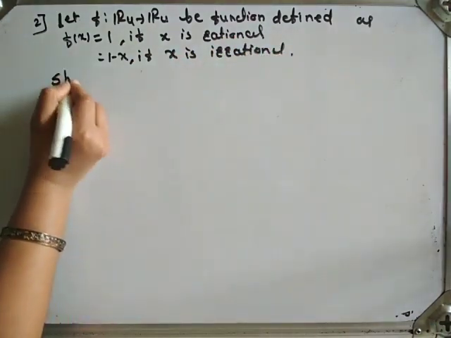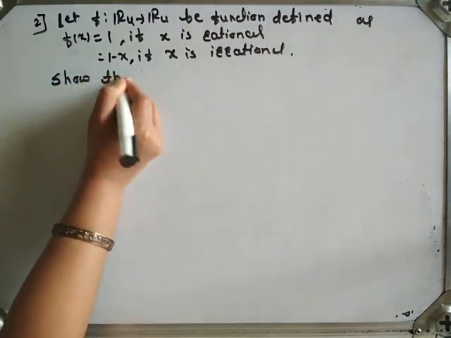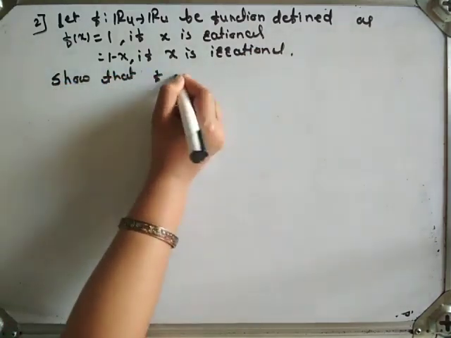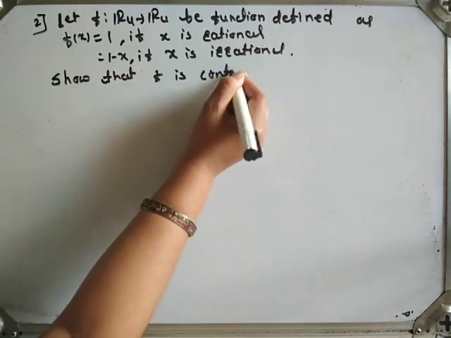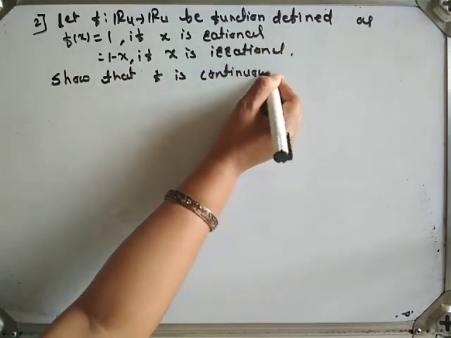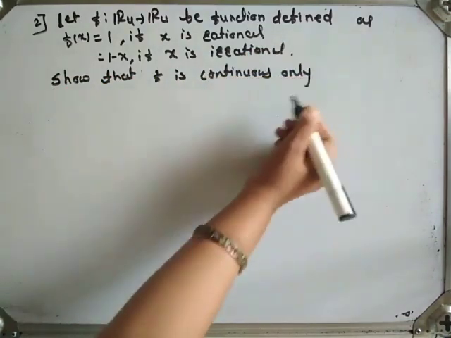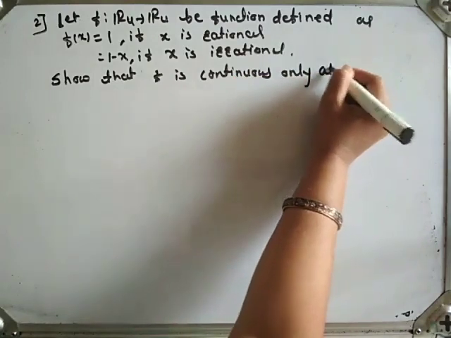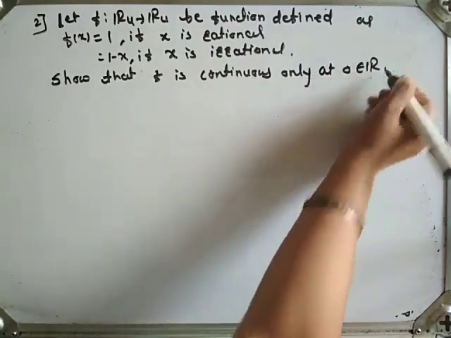Show that f is continuous only at 0 belongs to R.